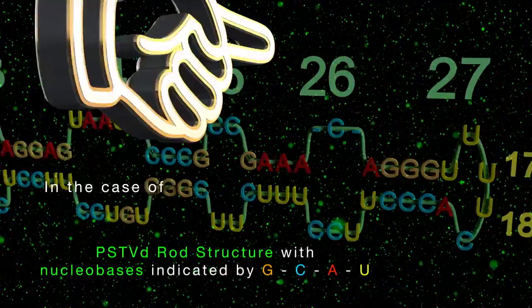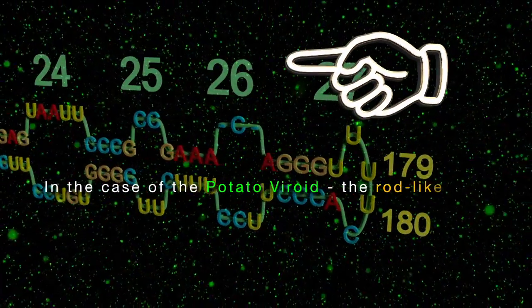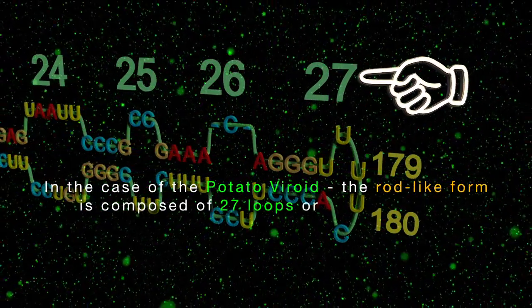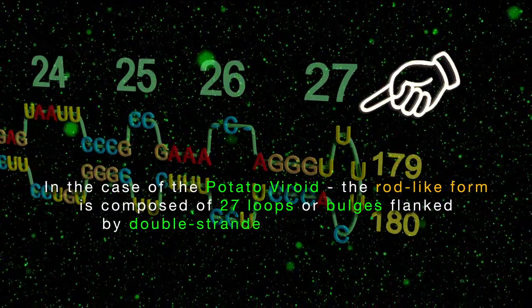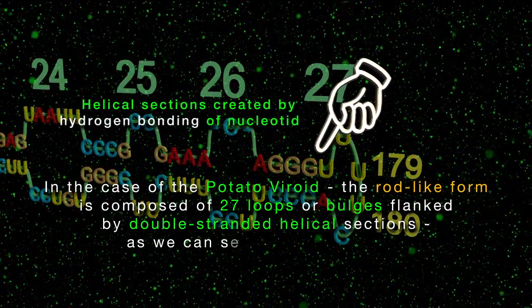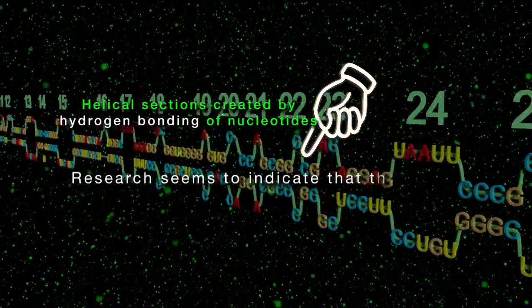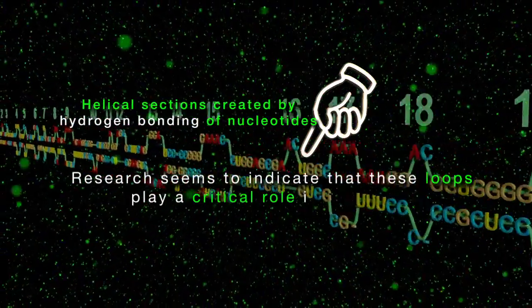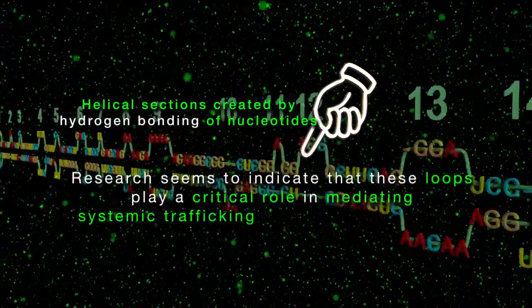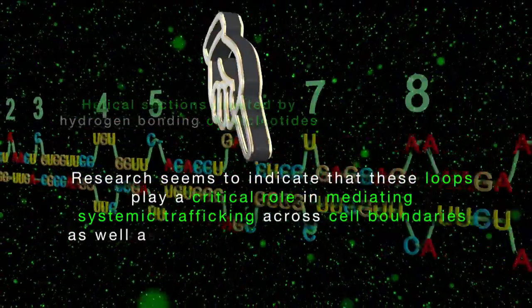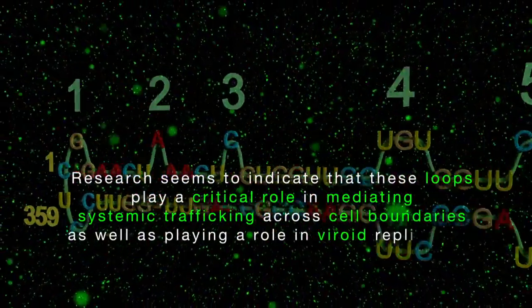In the case of the potato viroid, the rod-like form is composed of 27 loops or bulges flanked by double-stranded helical sections, as we can see in this 3D model. Research seems to indicate that these loops play a critical role in mediating systemic trafficking across cell boundaries, as well as playing a role in viroid replication.